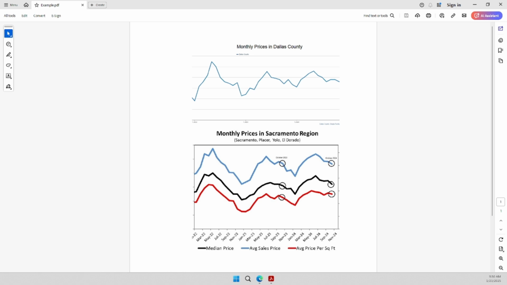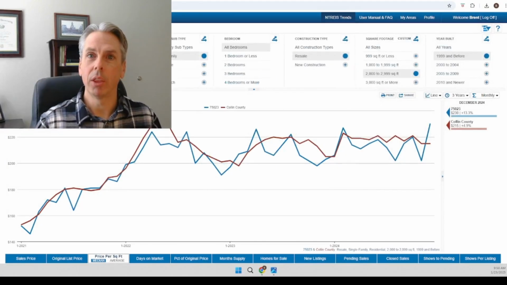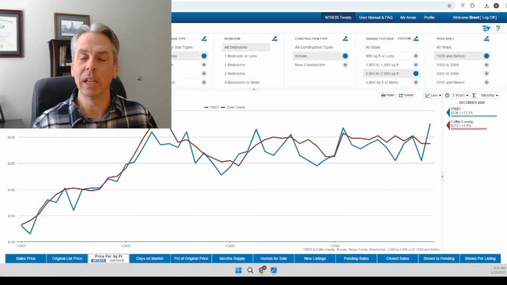So we're talking about interest rates, which are a macro level factor in supply and demand. We're talking about consumer confidence, inflation, some of those really big factors. Those are going to have a big impact in our market.